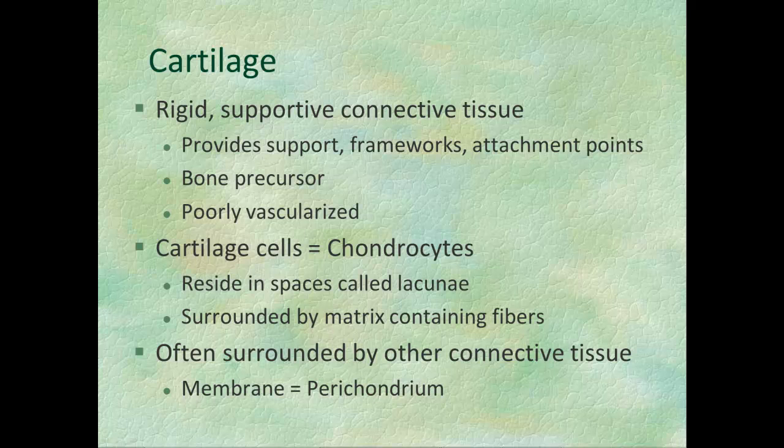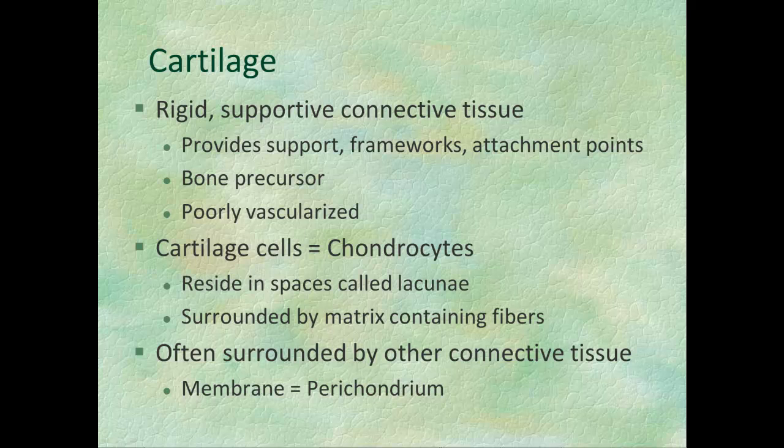You'll hear this term again when we talk about bone. The spaces that the osteocytes are found in are called lacunae. So when you're talking about cartilage or bone, remember that the cells themselves reside in these spaces called lacunae. And then around those lacunae is the matrix containing the connective tissue fibers.